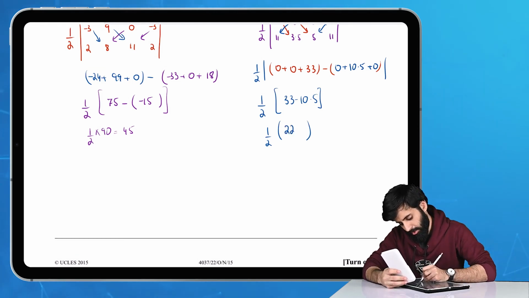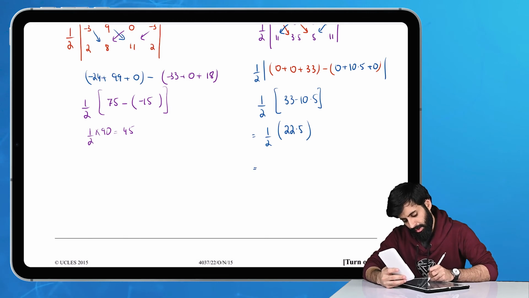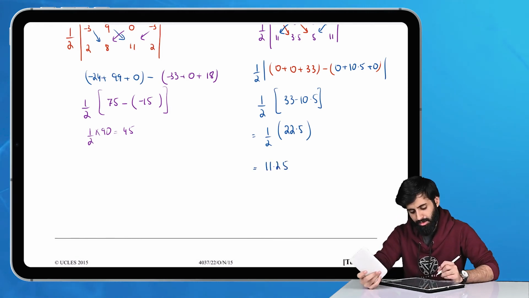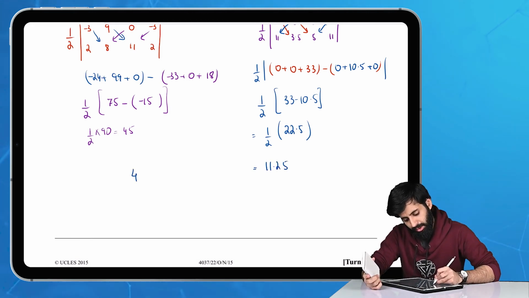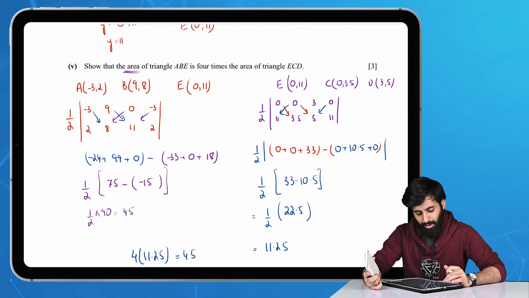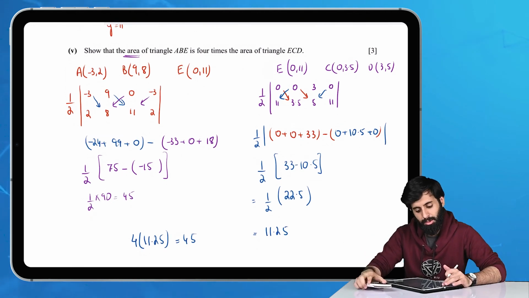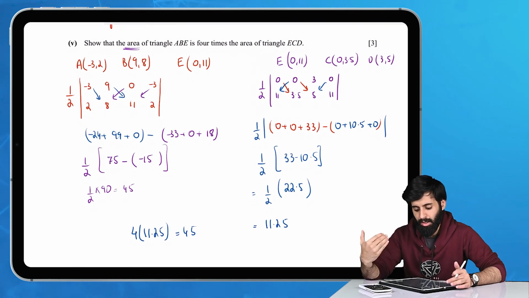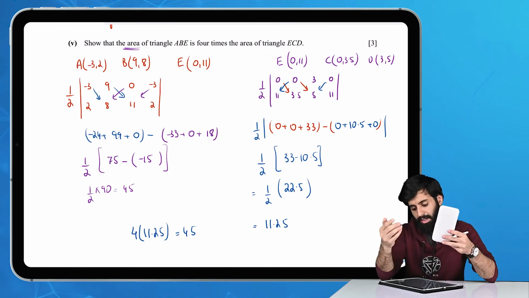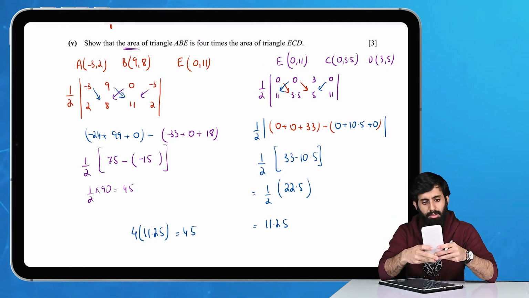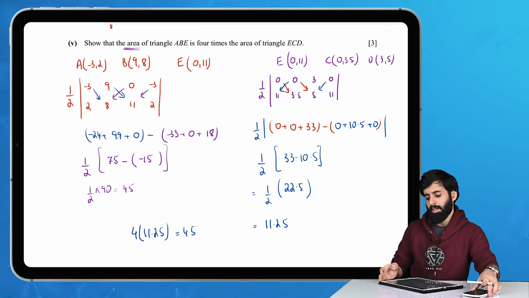Okay, so 22.5 divided by 2 is 11.25, and you can see that 4 times 11.25 is in fact equal to 45, which is evidence that the area of triangle ABE is 4 times the area of triangle ECD. Just to be sure, 11.25 times 4 is in fact 45.